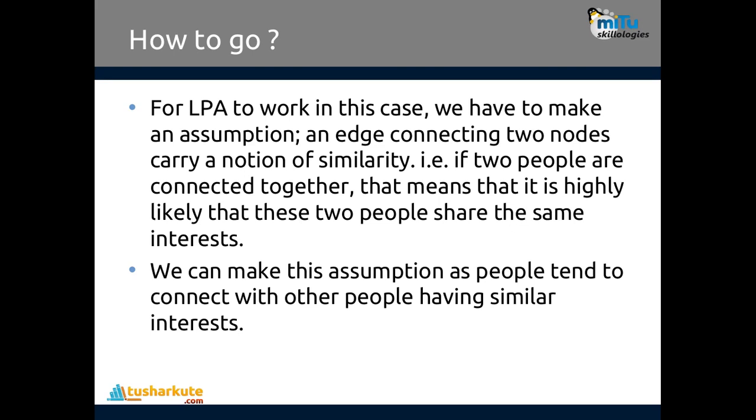Just like in k-means clustering, the people who are nearest and connected together can be assigned the same label, the same class. We can make this assumption as people tend to connect with people having similar interests. So if similar interests are there, then only people will get connected to each other, and this principle is used here to create the label propagation algorithm.